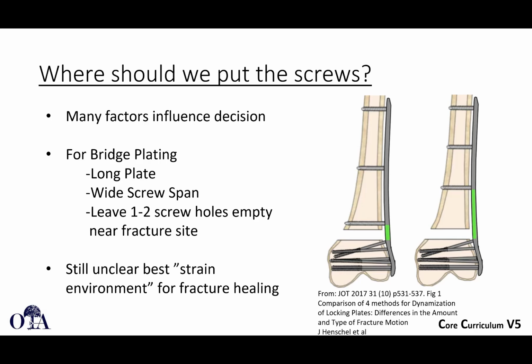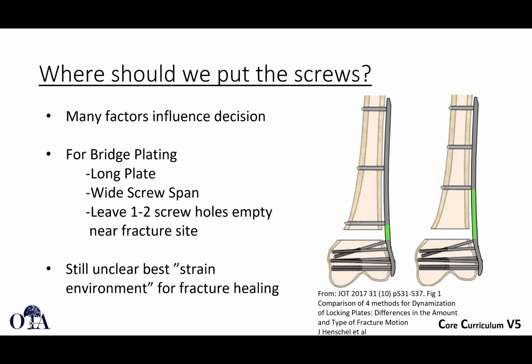So for bridge plating in general, you want a long plate with a wide screw span, and you may want to leave some empty screw holes near the fracture site. So for example, shown here, if you want to distribute your stress, you might leave those screw holes open if you're bridge plating this, as opposed to having a screw very close here and concentrating everything into one spot.